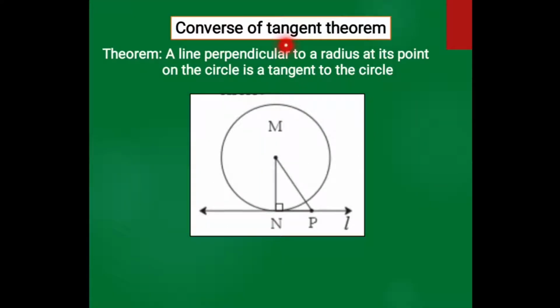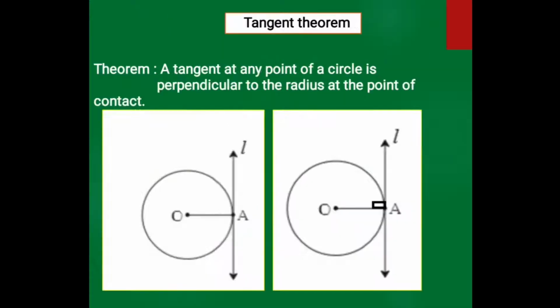Now see the converse of the tangent theorem. In the tangent theorem we say that a tangent is perpendicular to the radius. See the converse of the tangent theorem: a line perpendicular to a radius at its point on the circle is a tangent to the circle.